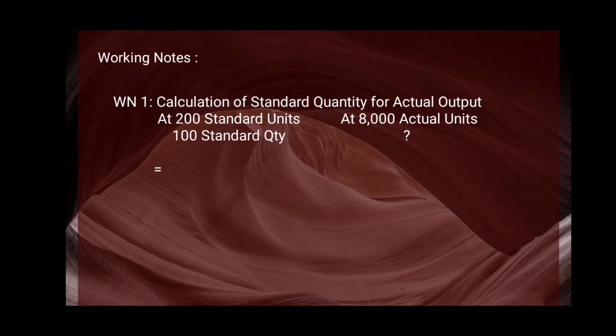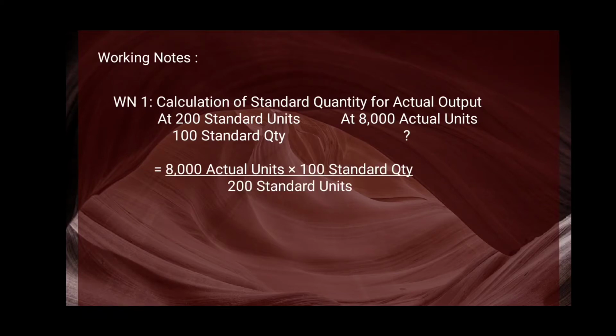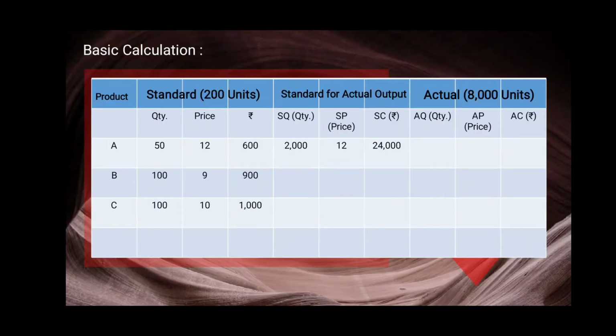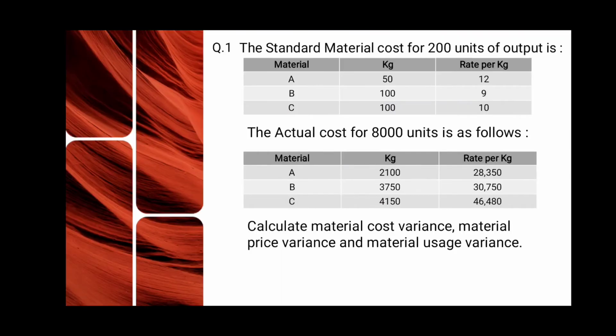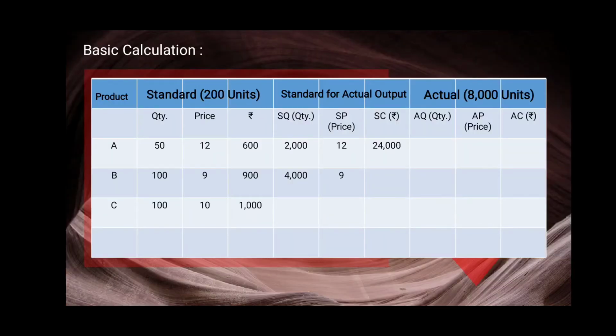So we'll calculate it for material B. 8,000 actual units into 100 standard quantity divided by 200 standard units, which will be equal to 4,000 standard quantity for actual output. So we'll record the standard quantity, which is 4,000 for material B. Rate per kg is 9. So the standard cost amount will be 36,000.